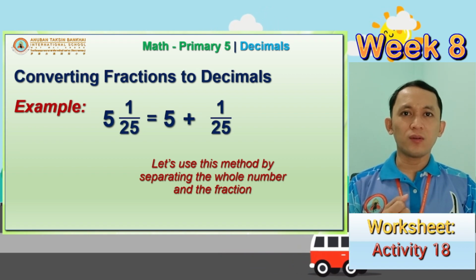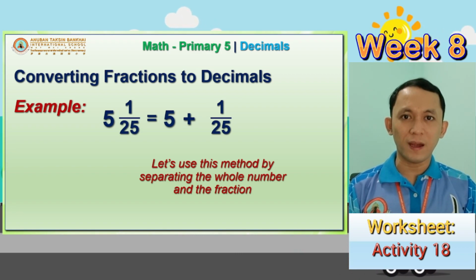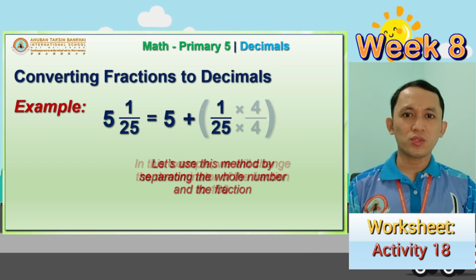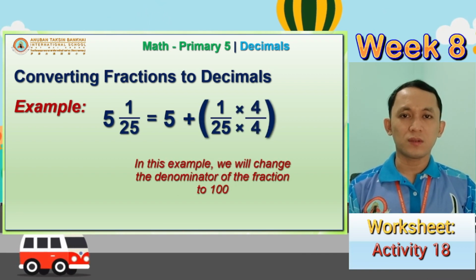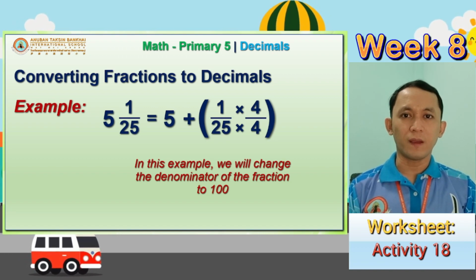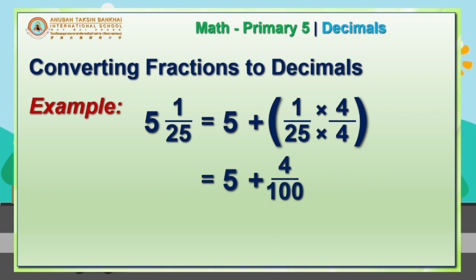Okay, so now we can change our fraction. Since our denominator is 25, we are going to change it to 100, and we're going to multiply it by 4. So let's just copy our whole number, which is 5, and then we multiply 1 times 4, we have 4, and 25 times 4, we have 100.